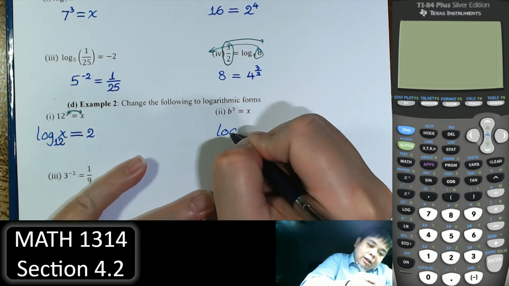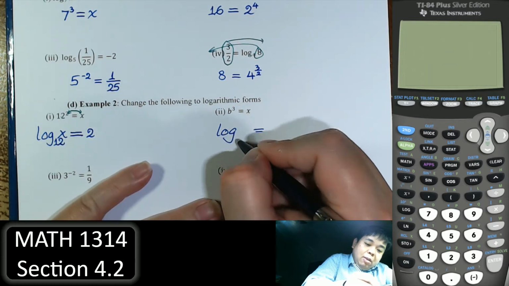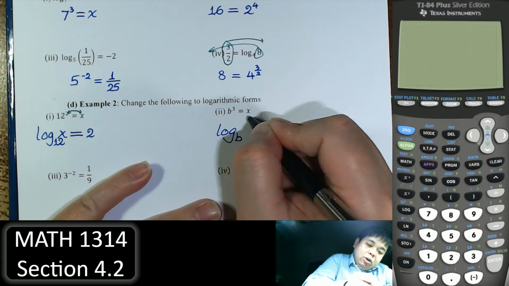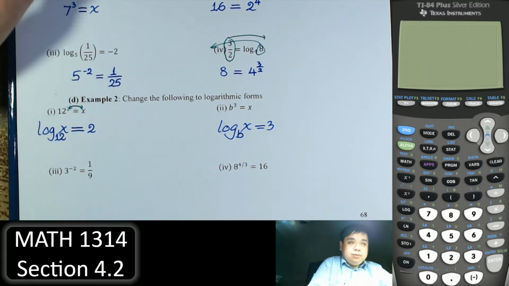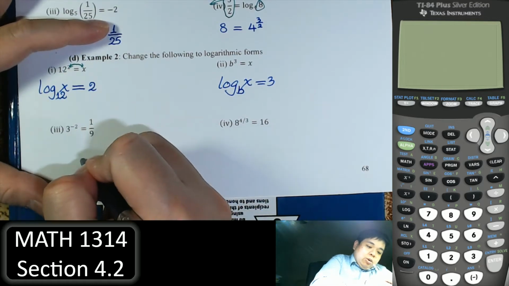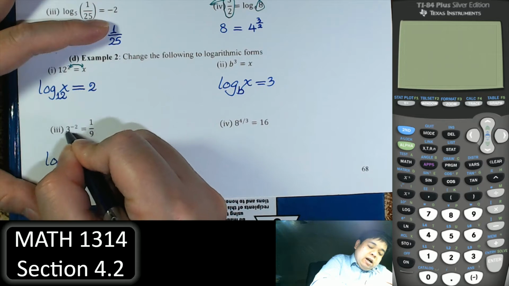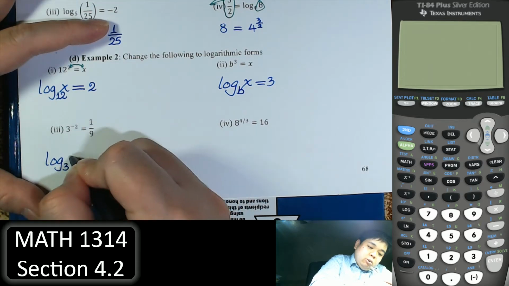Same thing here. We introduce the log, the base is b, and then we interchange 3 and x. So x goes here, the 3 goes there. Equal sign will stay. The log, base 3, is a subscript, and the other two numbers will swap places.